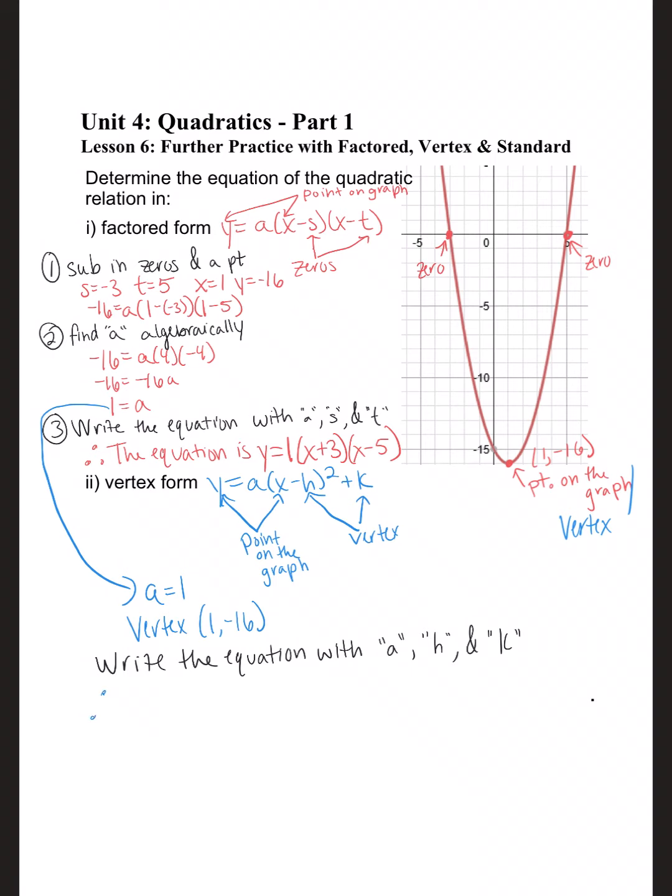So in this case, we can say, therefore, the equation is y equals, and again, I'm just going to write my 1 there to show a, and then x minus my h value, which is 1, squared, and then our k value is minus 16.